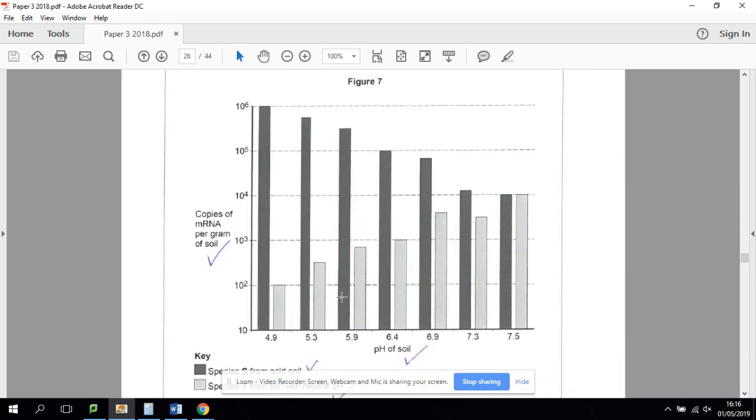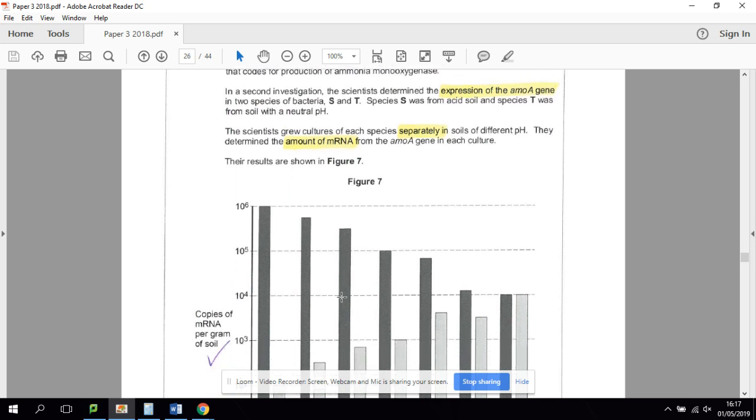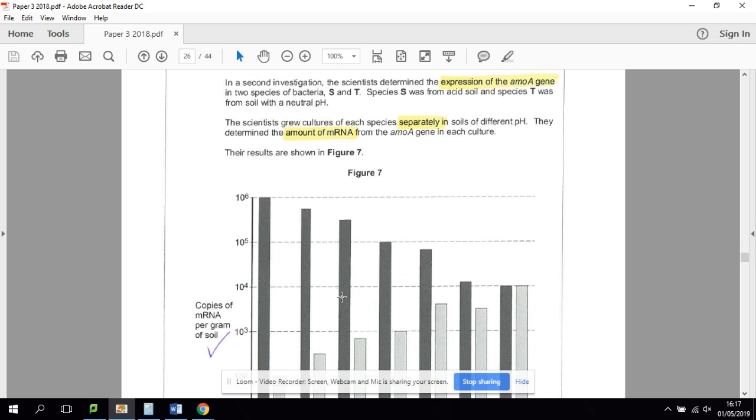So obviously there's another piece of information here about the oxidation. We know what that is, and we've got the specific gene here coding for the production of ammonia monooxygenase, and more information here about the samples S and T. So the scientists grew those cultures separately in soils at different pHs, and they determined the amount of mRNA from the gene.